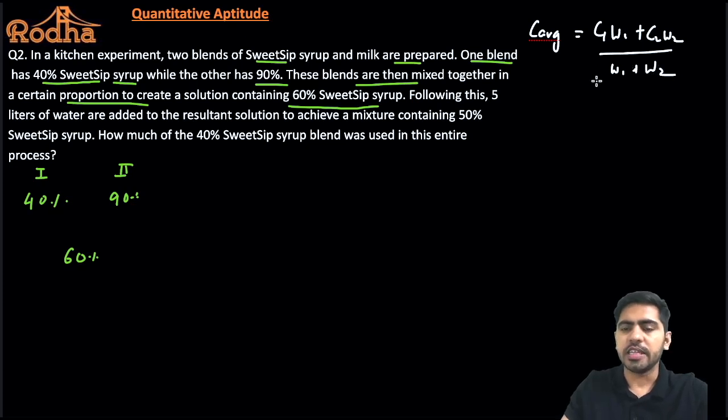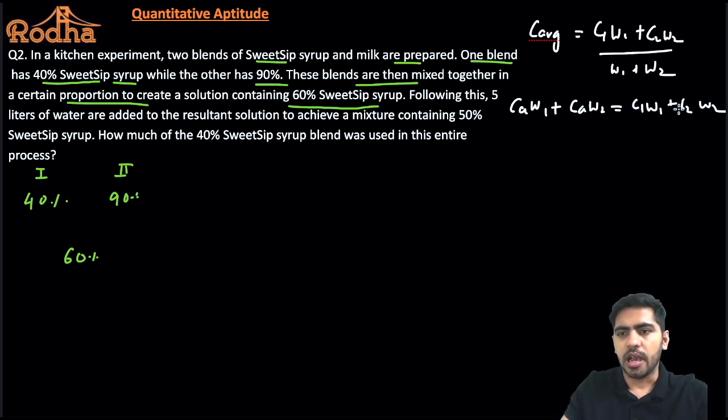So if I rearrange this equation, if I multiply, I'll get CaW1 plus CaW2 is equal to C1W1 plus C2W2. And if I bring the W1 terms together on the left hand side, I'll get Ca minus C1 into W1 is equal to C2 minus Ca into W2. So I have put the W1 terms together and the W2 terms together, right?